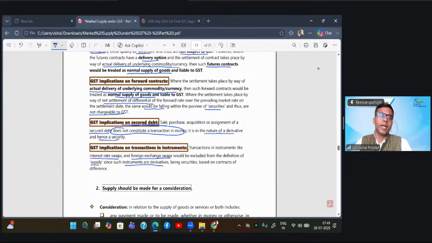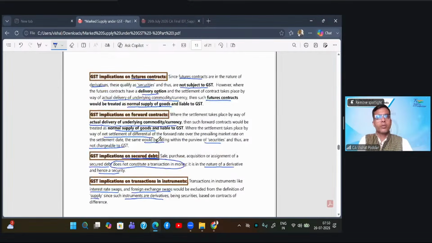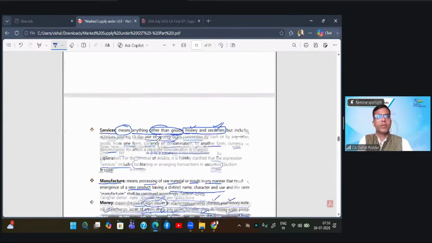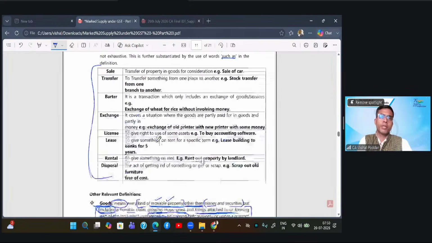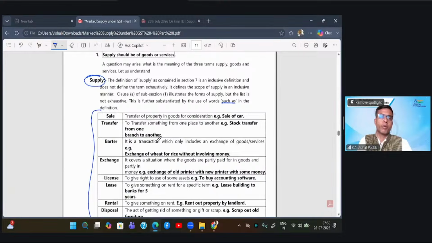But where the underlying asset is given, then it becomes a normal sale, normal supply leviable to GST. So students, this is all about the first requirement, that there should be goods, service, and there should be supply, that is form of supply.